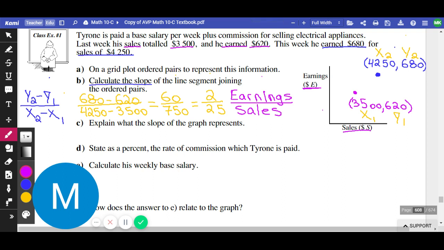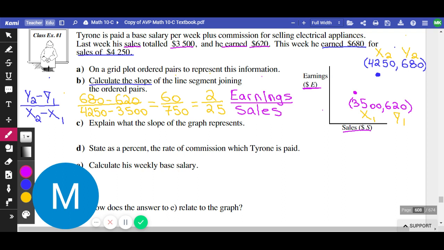State as a percent. So if you ever go out there in the world and you start doing any sort of job that gets paid percentages, sales a lot of the time gets paid percentages, like selling cars and stuff like that. They'll tell you your commission percentage. They'll be like, this is how much you make per sale. Right? For our guy, to figure out the percentage, we turn this into a decimal.